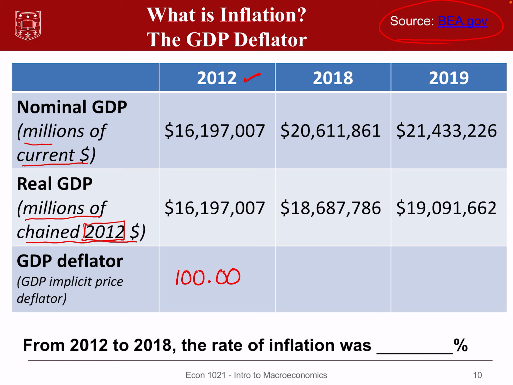So you have to start someplace. And when we have millions of chained 2012 dollars, what that means is we're starting in 2012. So our first two average price indices would be looking at 2011 and 2012. And then we go forward and it'd be 2012, 2013, and then 2013, 2014, and so forth.